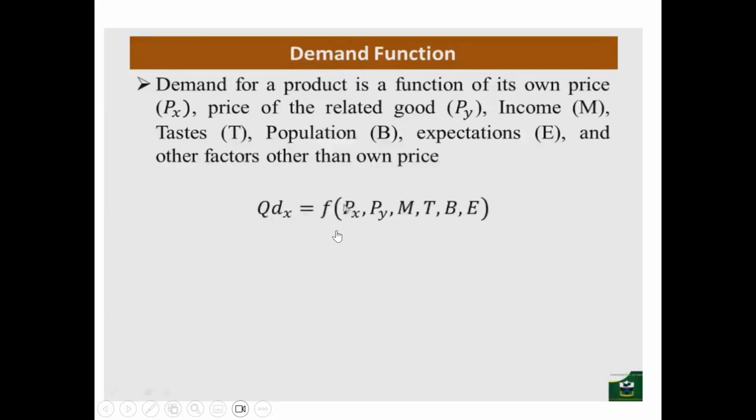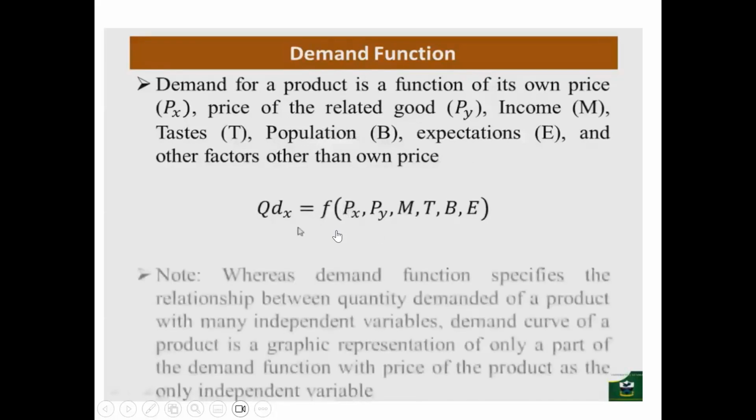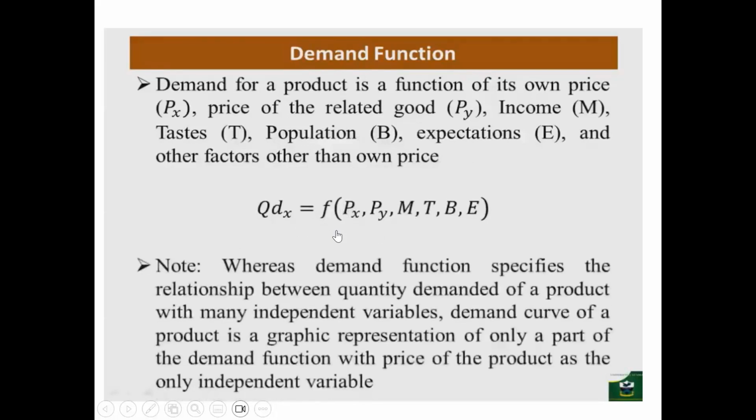This tells you that when we are plotting the demand curve, we hold all these other factors constant and only focus on the effect of price on the quantity demanded. That means our quantity demanded becomes a function of price. So the demand curve is drawn by holding all other factors constant and only focusing on the effect of price.